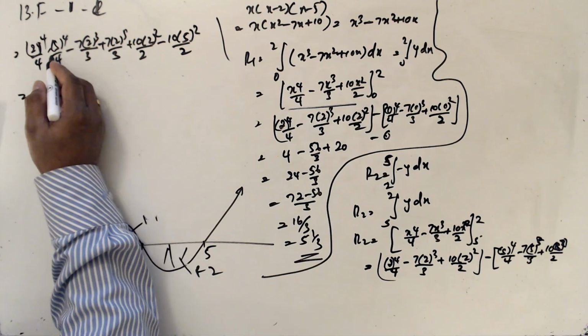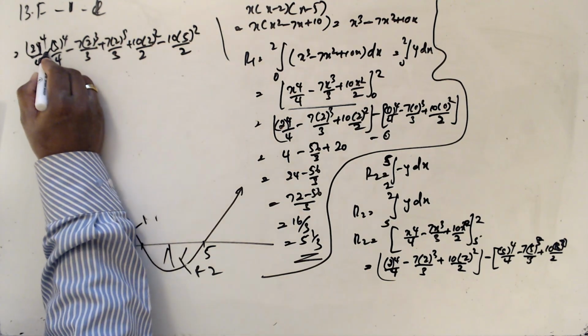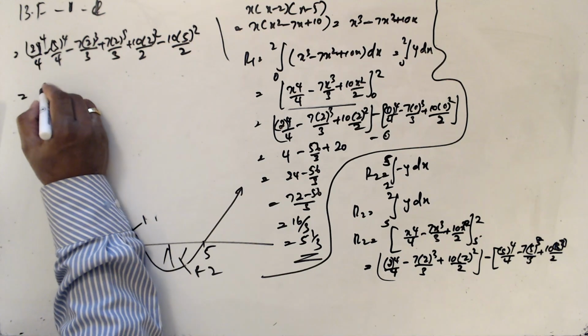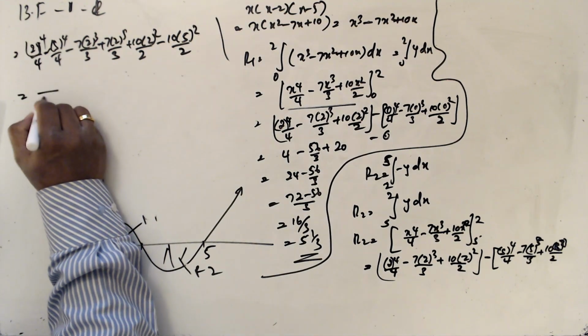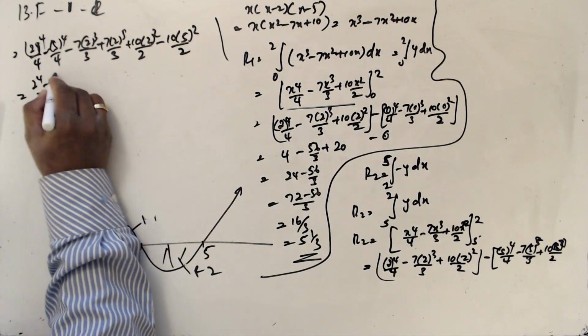So then this is going to be minus, 2 to the 4 minus 5 to the 4 over 4.